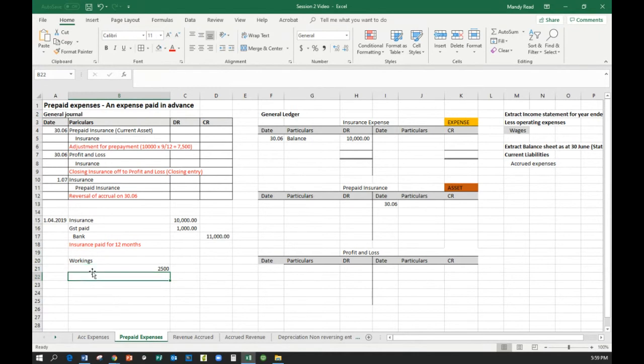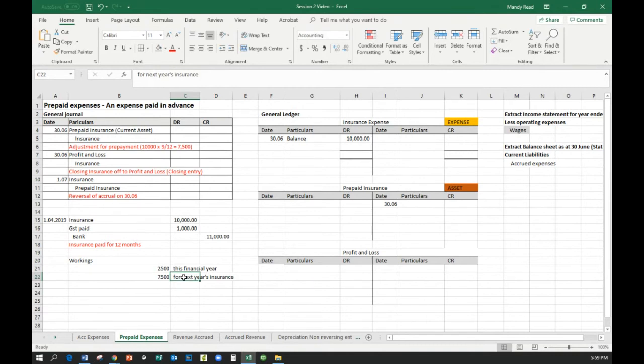The remaining time, the 9 months of the year, our insurance still hasn't happened. So if we say equals 10,000 multiplied by 9 divided by 12, we're going to get 7,500. This 7,500 is for next year's insurance. This 2,500 was for this financial year.